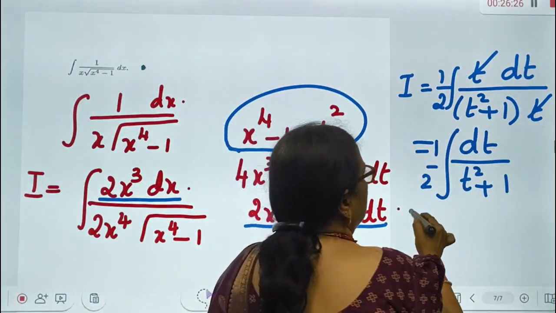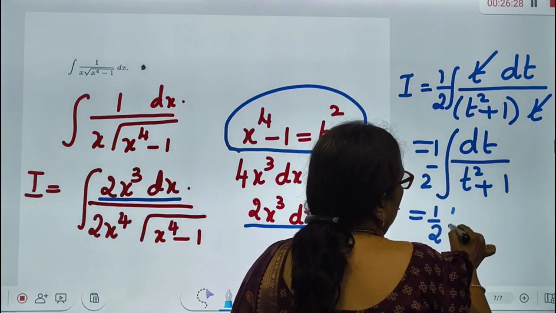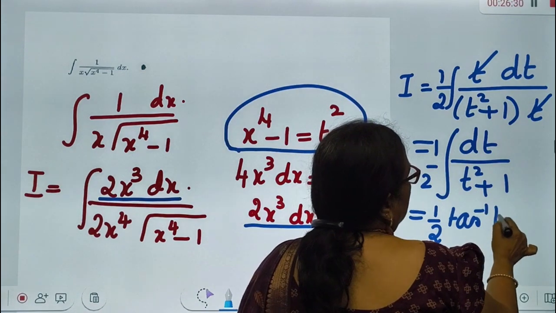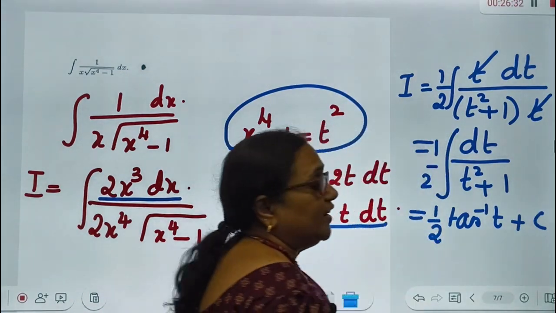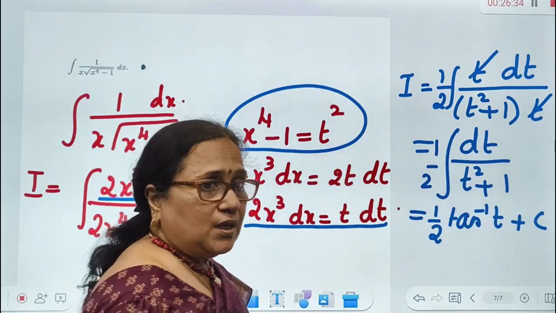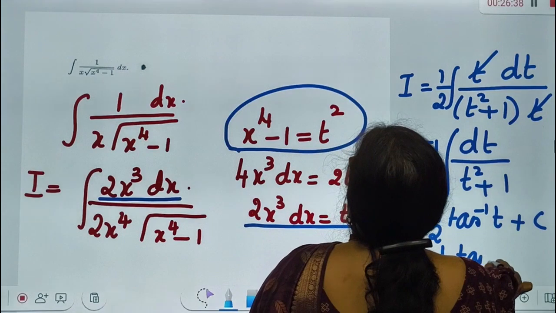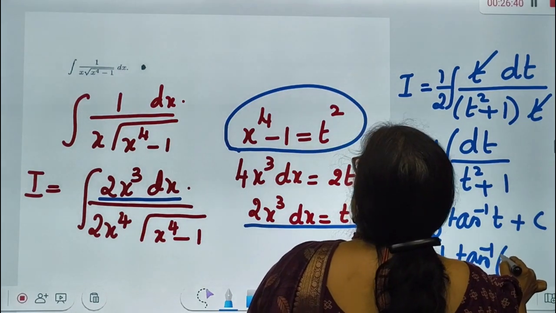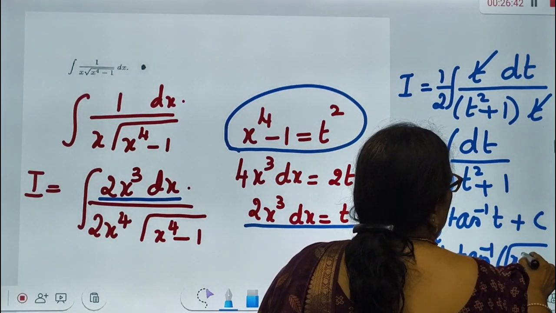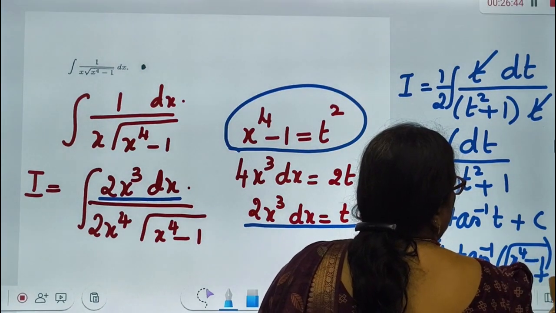So t gets cancelled. This is half into tan inverse t plus c, because derivative of tan inverse t is 1 by 1 plus t square. This is 1 by 2 into tan inverse t is root of x power 4 minus 1 plus c.